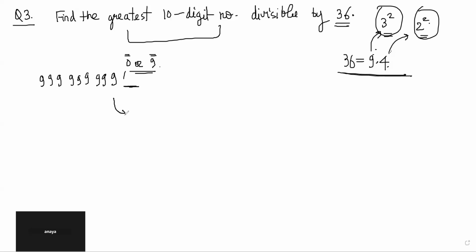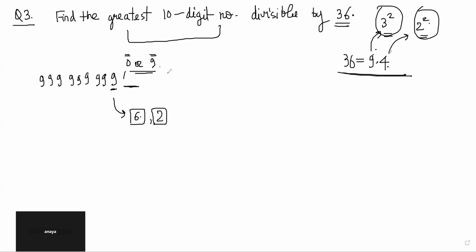But to make it divisible by 4, the only possibility is 6 at the end, because then you'll get 96 as the last two digits. Actually 92 is also possible, because 92 is divisible by 4. So 92, 96, and that's it. Nothing else is possible, right?